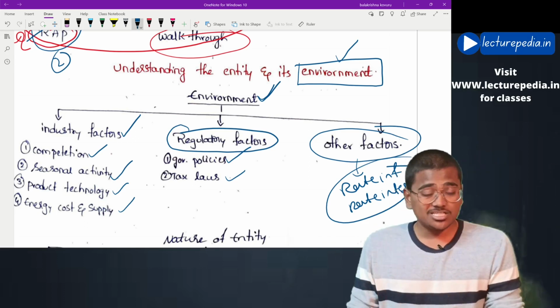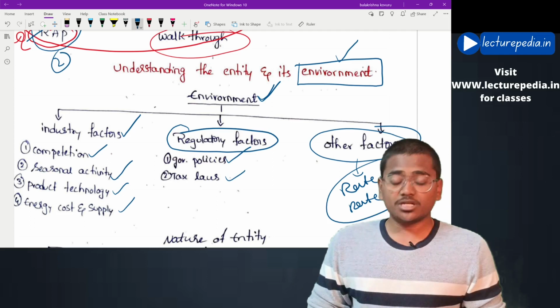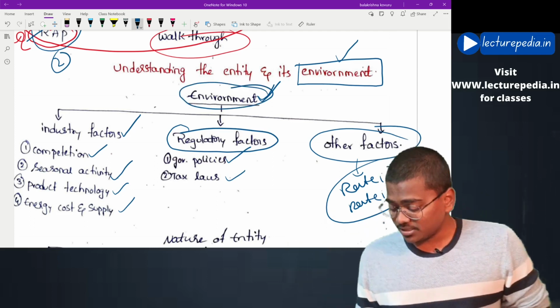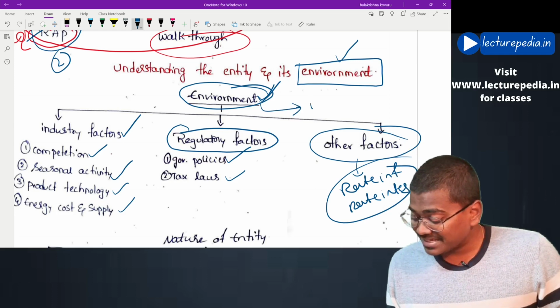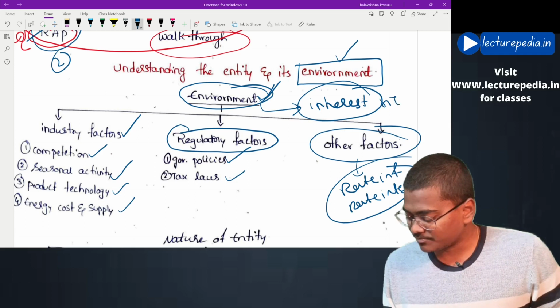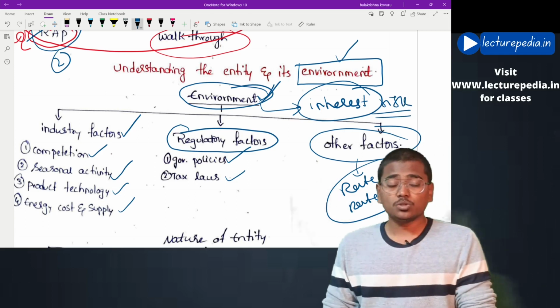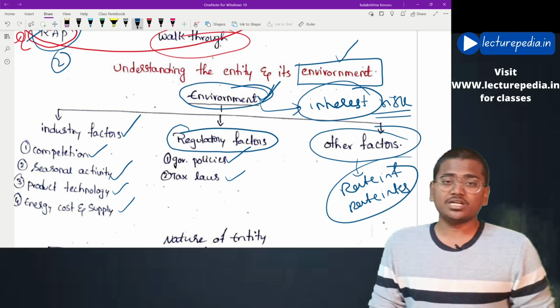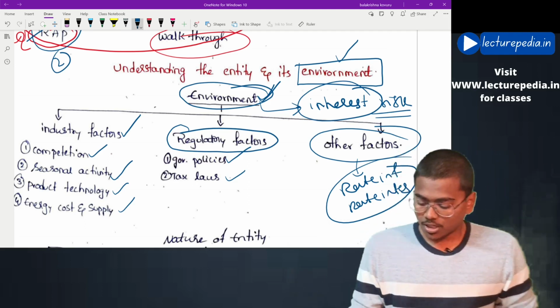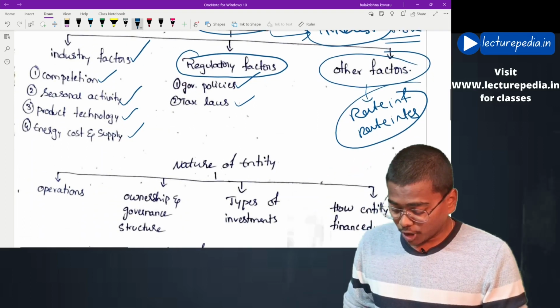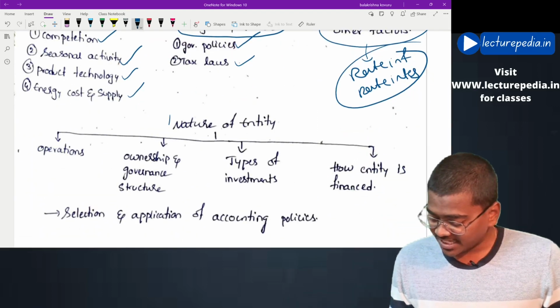Why is he obtaining understanding of the environment? Because by obtaining it, he will be able to determine inherent risk.